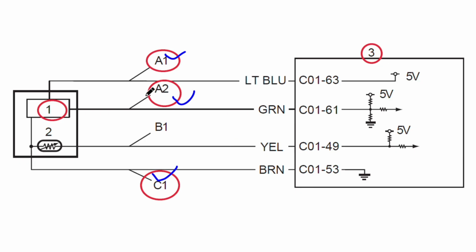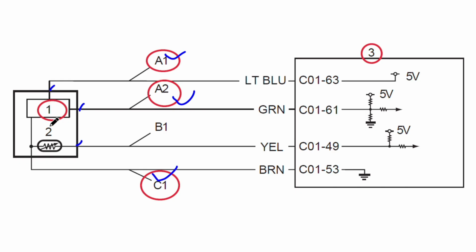For checking the MAF sensor, first we connect the additional power supply positive and negative to this line, and connect the oscilloscope probe to this terminal and check the voltage, but there is no change in air blowing.